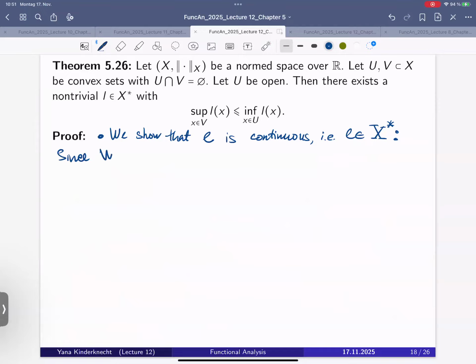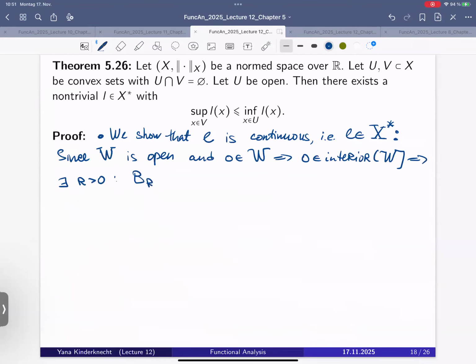Since the set W is open and 0 belongs to this W, hence 0 is an interior point, and hence there exists some positive radius r such that the whole open ball around 0 with radius r belongs to this open set W.